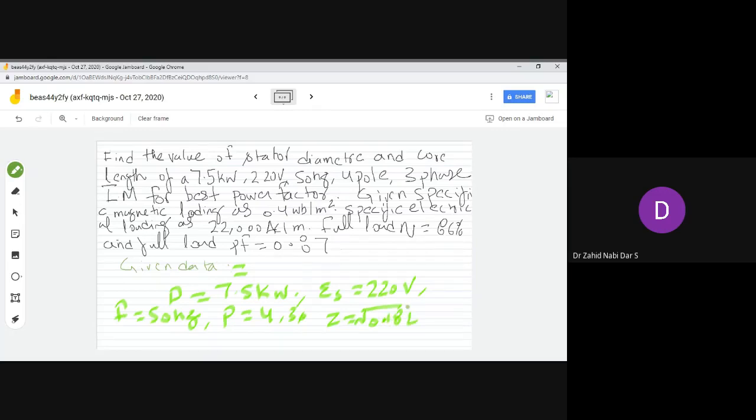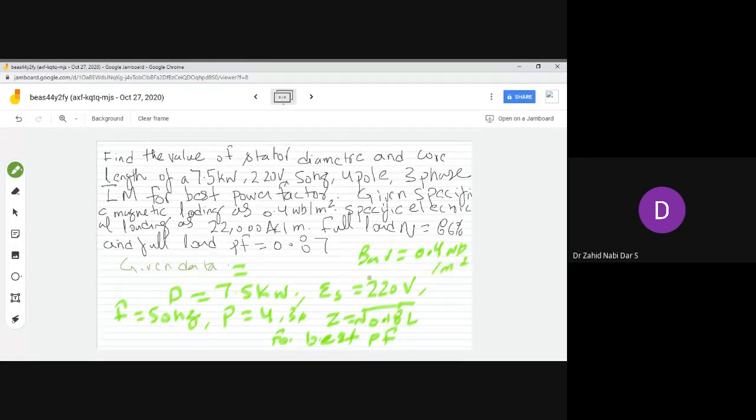This value is for best power factor, and the other values you are having are for best power factor. You also have the BAV value given, 0.4 Weber per meter square.